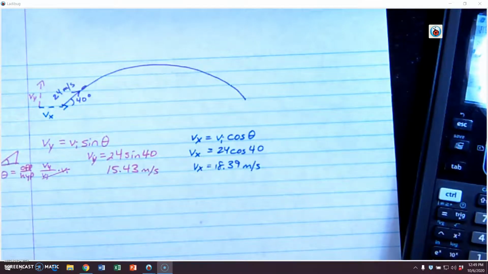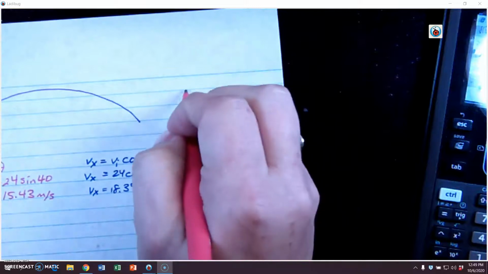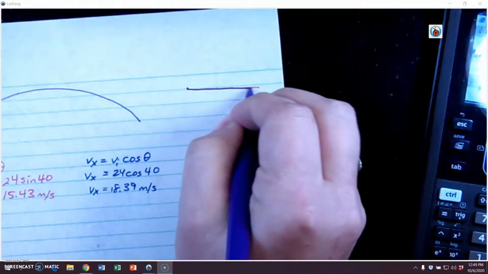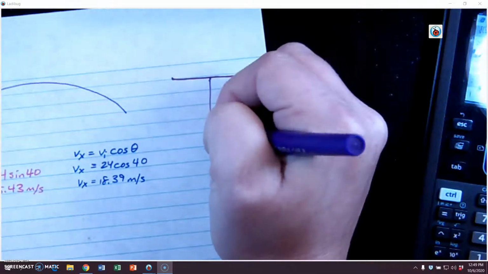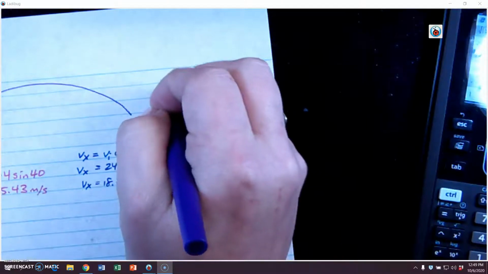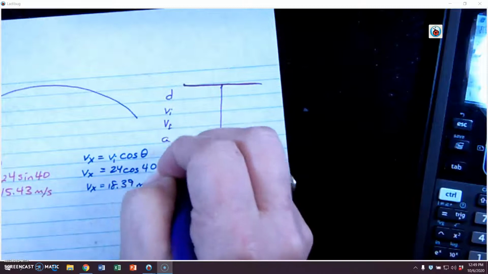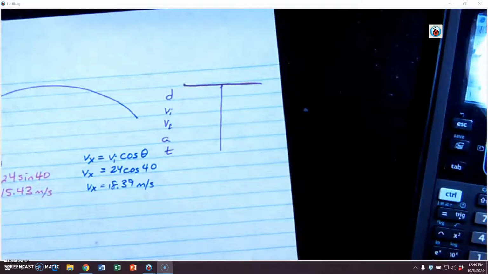Okay, so let's figure out what we know for sure. Now that we've got a couple things that we know for sure, I'm going to do my table with my x and my y values here. We want distance, VI, VF, A, and then time will be shared between the two.